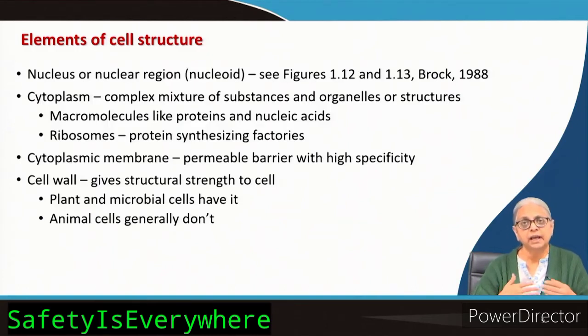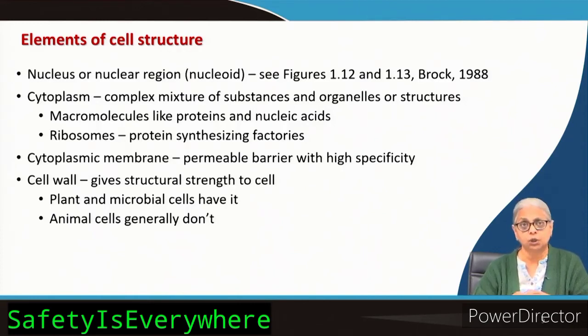They will not allow any and every compound to pass in and out. There is a very high degree of specificity, and we will be looking at this quite closely in subsequent topics. So this permeable barrier, even though it's permeable, has a very, very high degree of specificity, even to the extent that even water cannot pass in and out without some proteins mediating that transport.